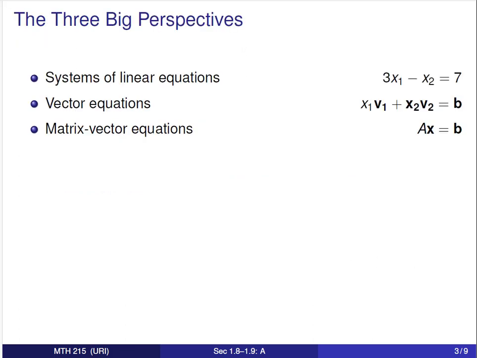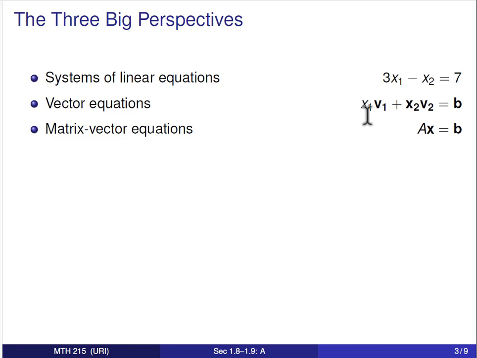Okay, so to this point in the semester, we've seen 3 big perspectives for looking at the same problem. So we first started off talking about systems of linear equations where you might have 1 or 2 or 3 or many linear equations looking like this. We then talked about how to express a system of linear equations like a vector equation.